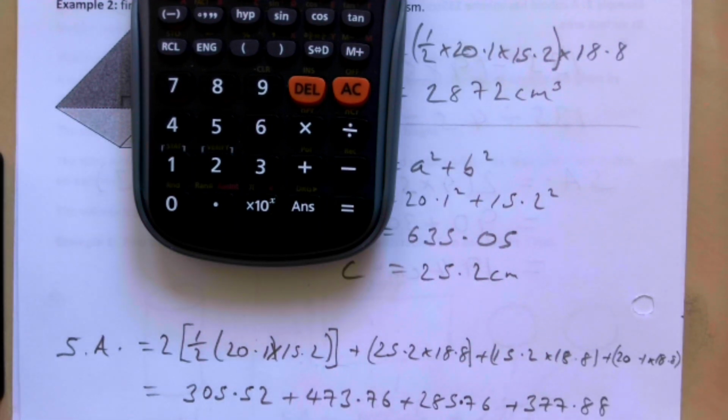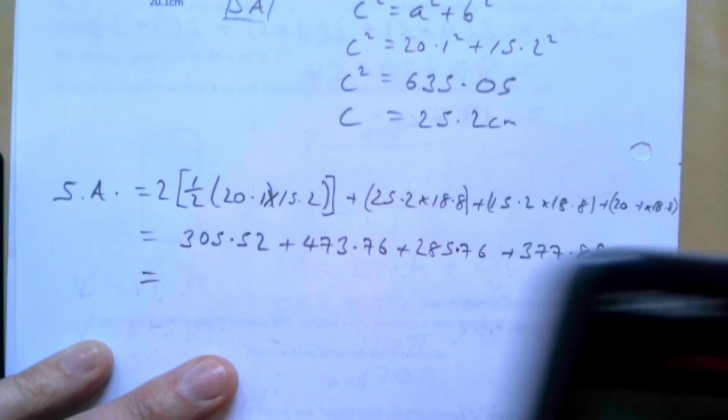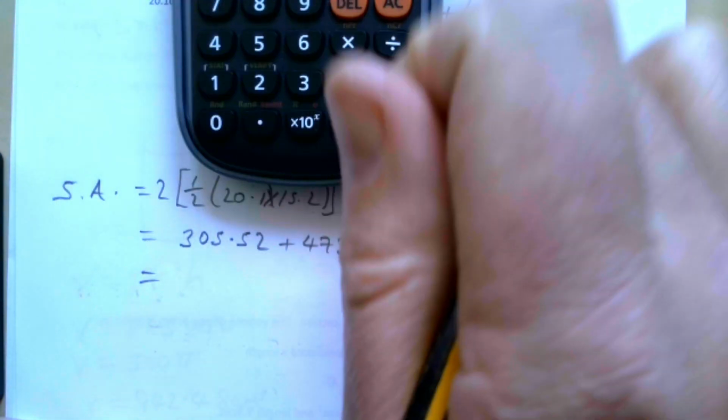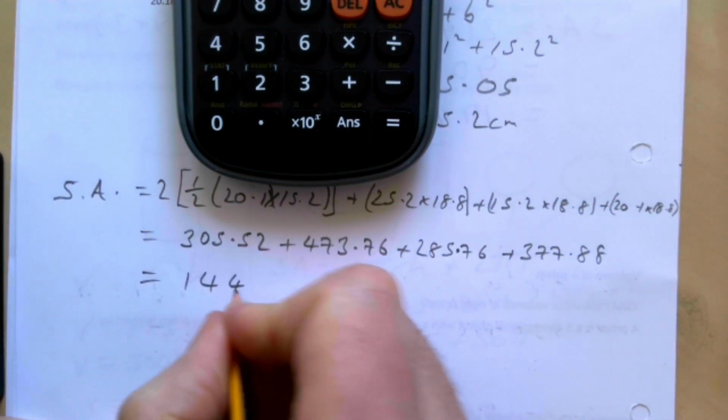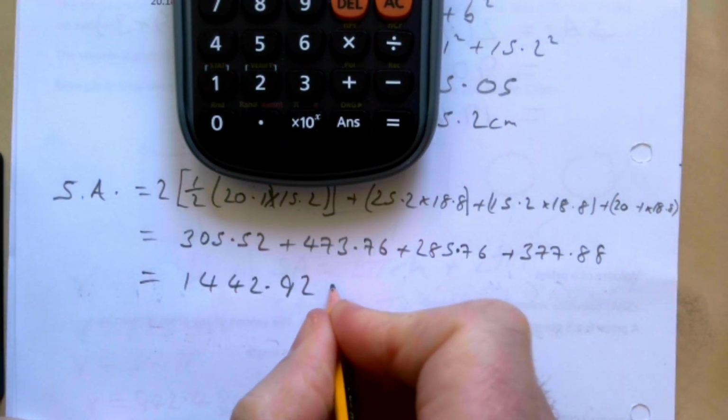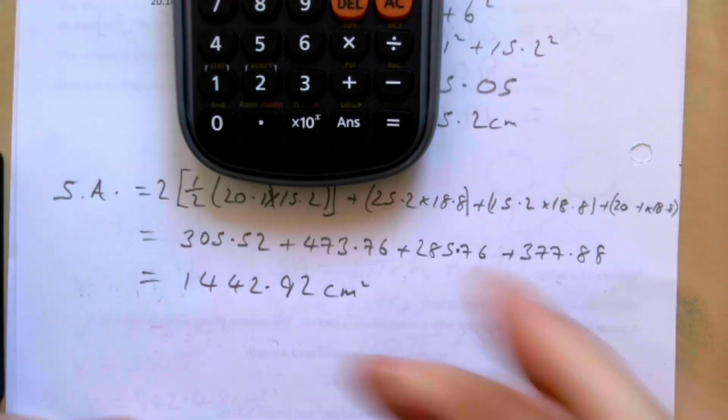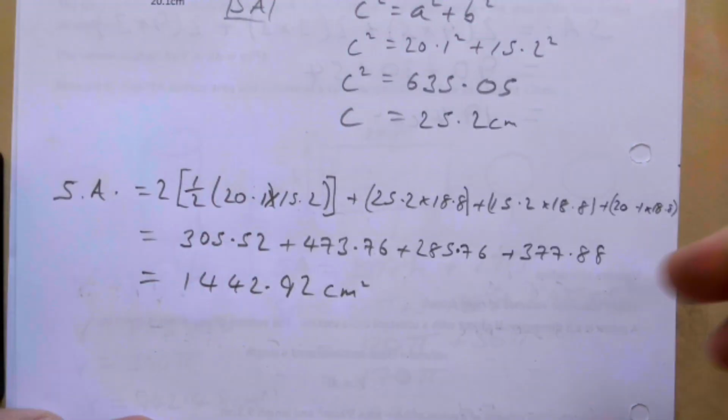And if we add those values together: 377.88 plus 285.76 plus 473.76 plus 305.52 equals 1442.92, and that then is centimeters squared.